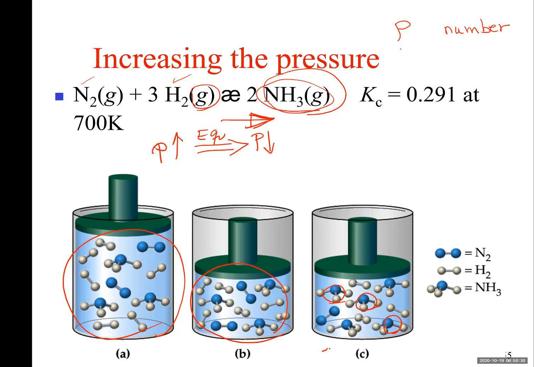What happens if I increase the number of kids to 50 in the same room? Is there a possibility of collision, accident, because it's crowded? So guys, these two, pressure and number of molecules, are directly related. This means proportional.